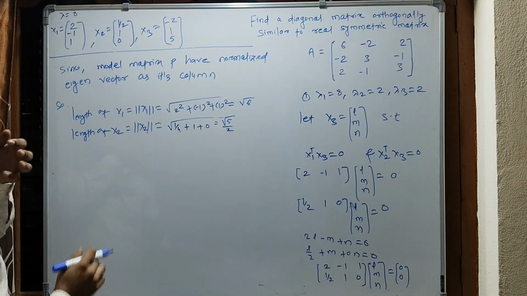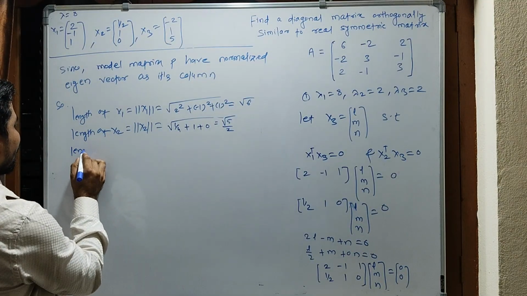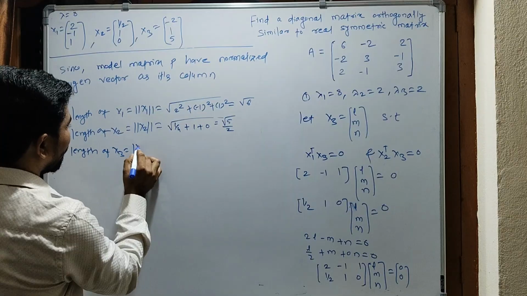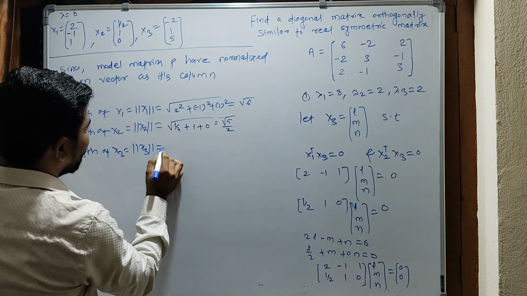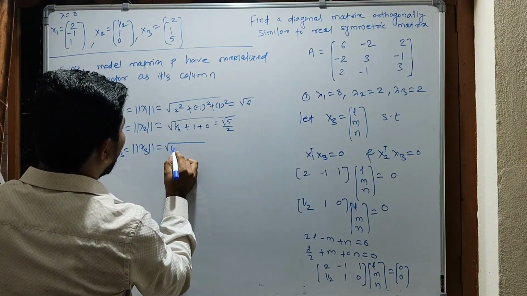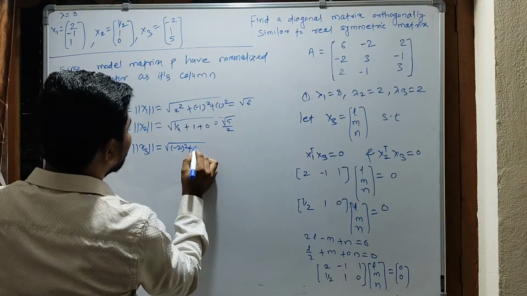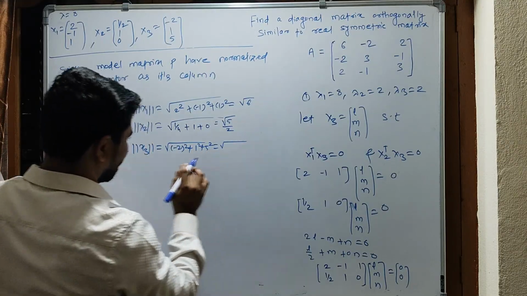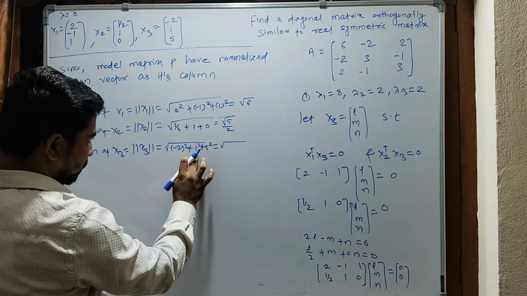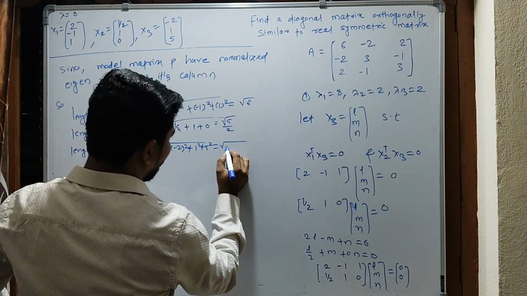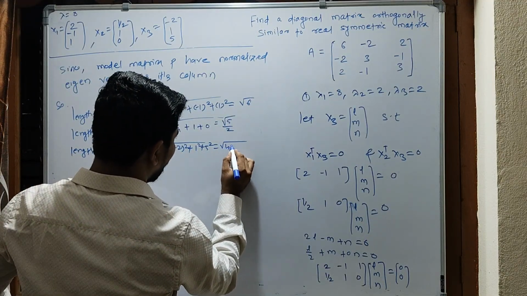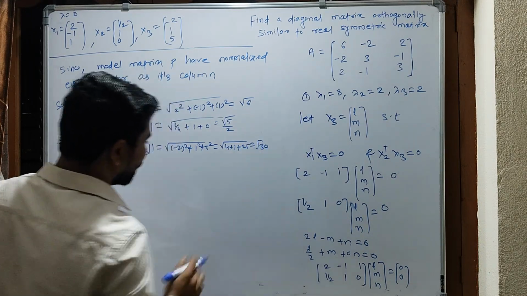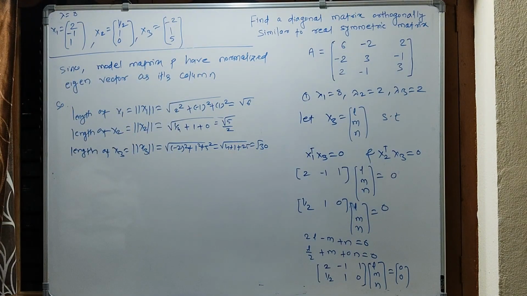So now the length of x3, which is equal to the norm of x3, which is equal to 2 square plus 1 square plus 5 square, which is equal to 4 plus 1 plus 25, which is equal to root 30. So here this is my length of x1, x2, x3.